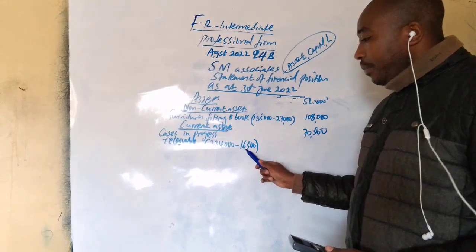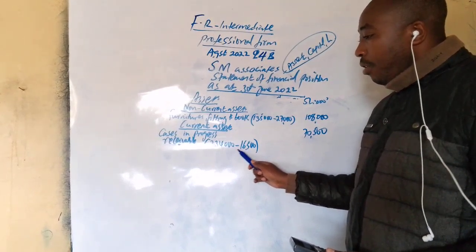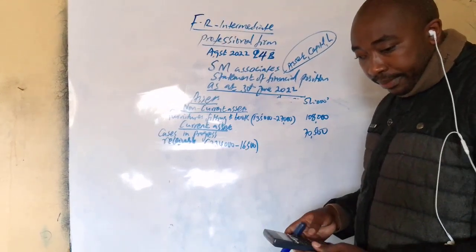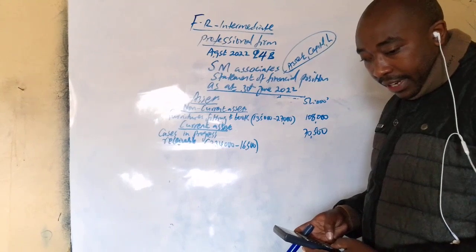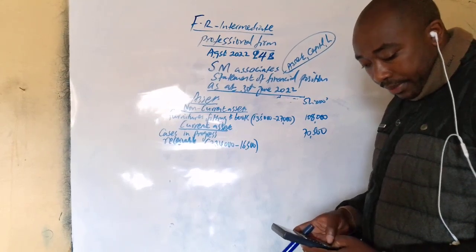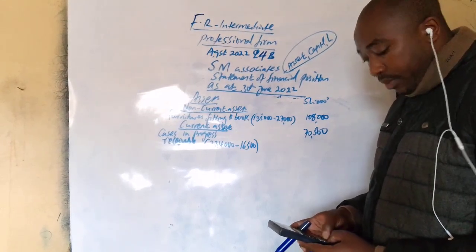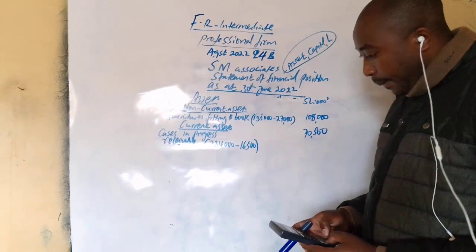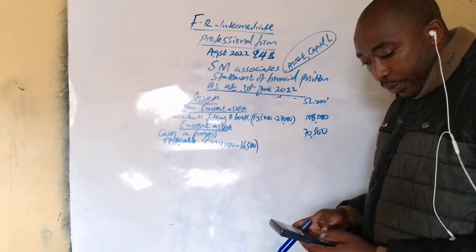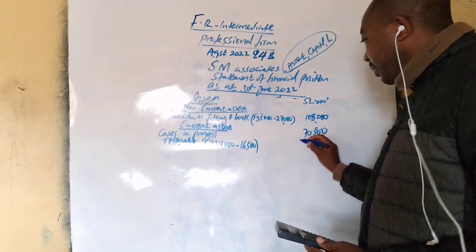We deduct bad debt written off from account receivable. Let's deduct 234,000 minus 16,500. We get to 17,500.